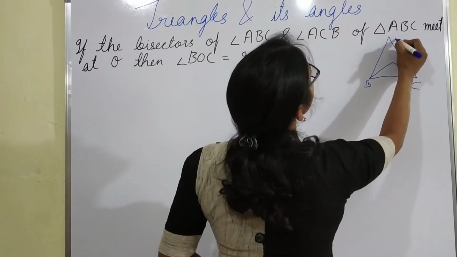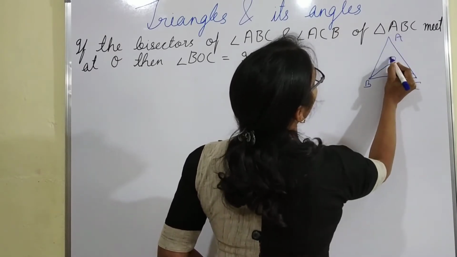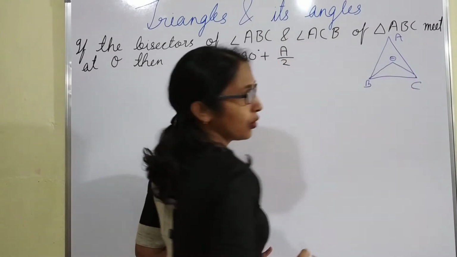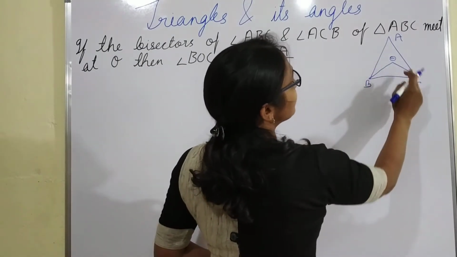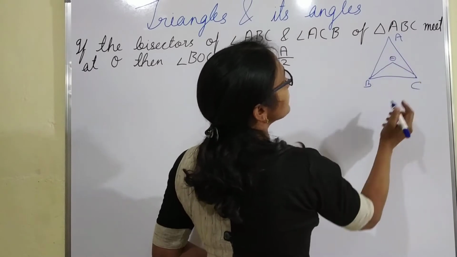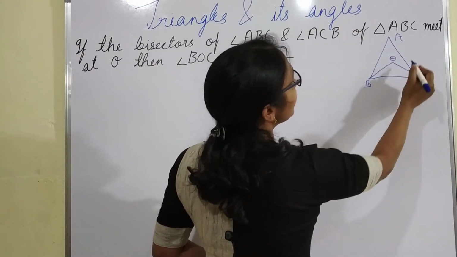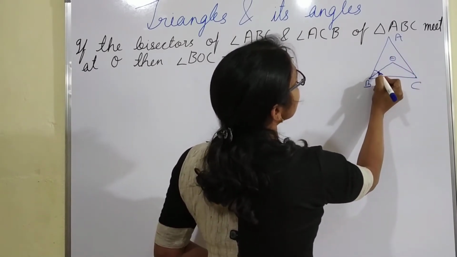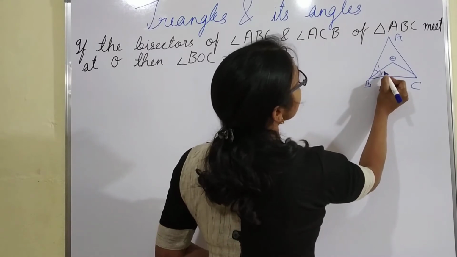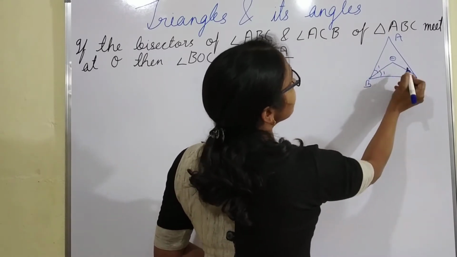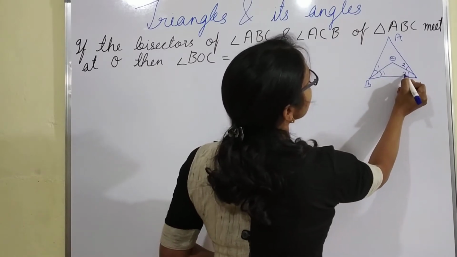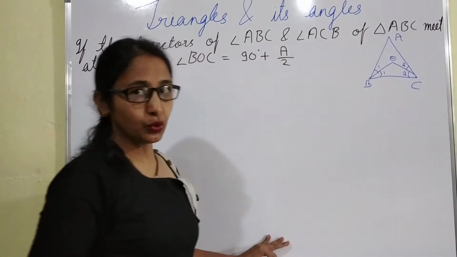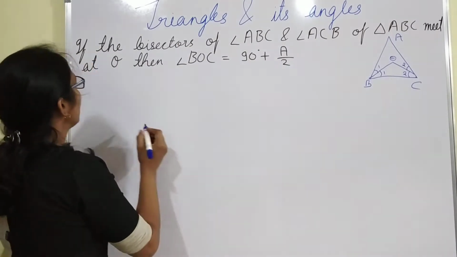B, C, A, O. These are bisectors. BO and OC are bisector of angle B and angle C. So these two angles are equal. It is angle 1, it is angle 1 and it is angle 2 and it is also angle 2.